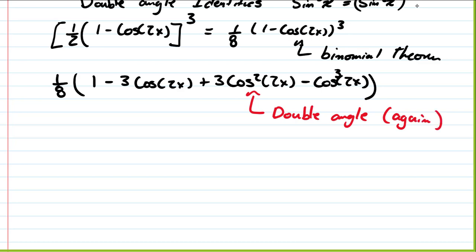Odd power we could do a u substitution on, and the rest of them we could integrate, right? So for our double angle identity on this piece again, we would have 3 times 1/2 times, this time it's going to be positive, 1 plus the cosine of 4x. And then finally we could distribute all of that through and do our integrals.